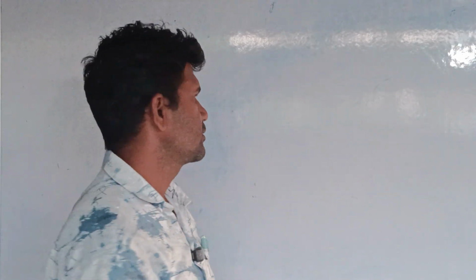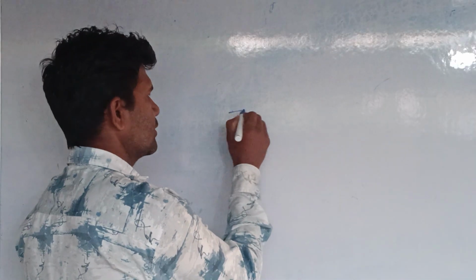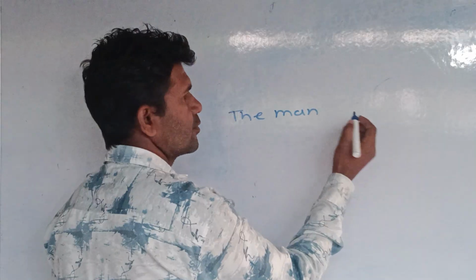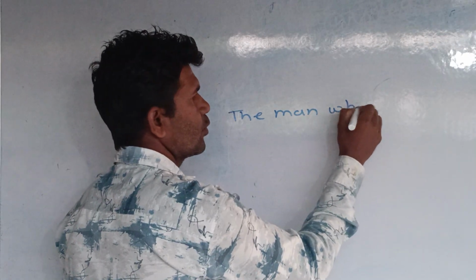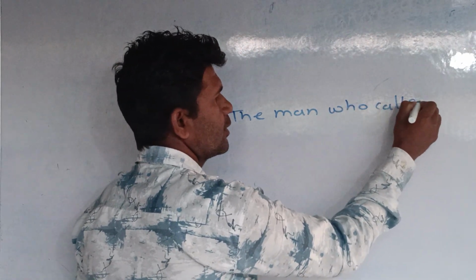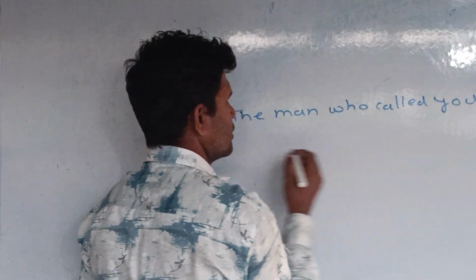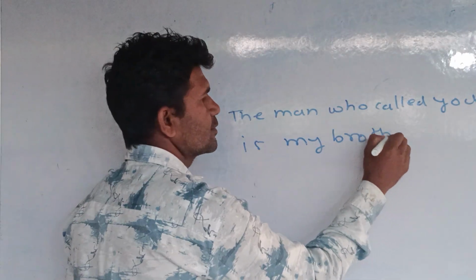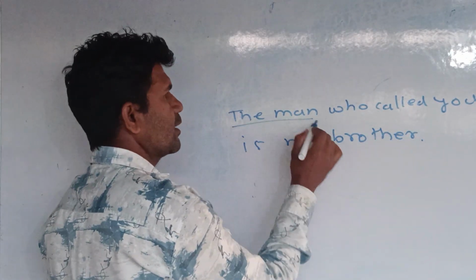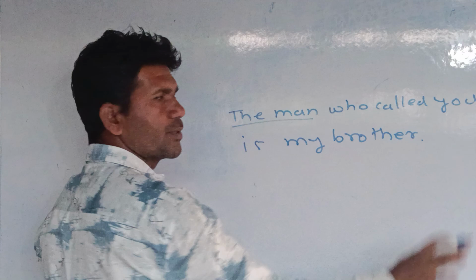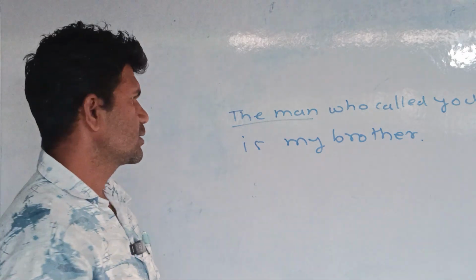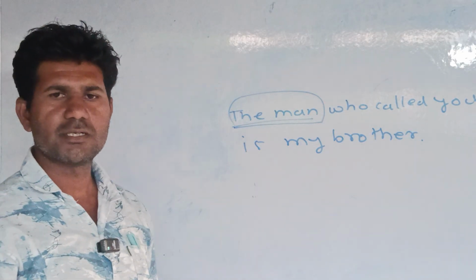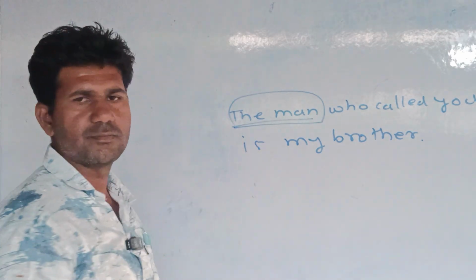For example, the man who called you is my brother. The man who called you is my brother. Now, in this sentence, the man, this is our subject and noun.